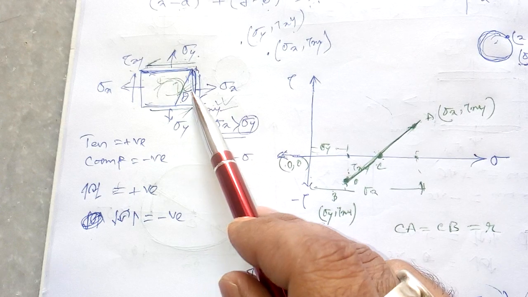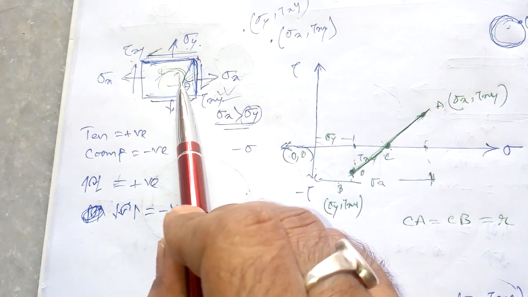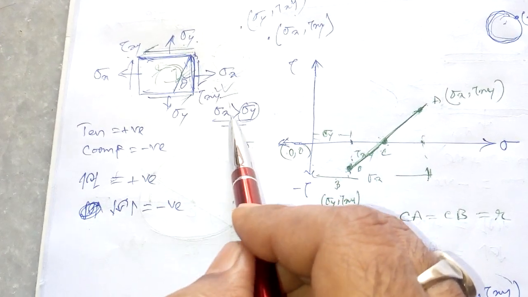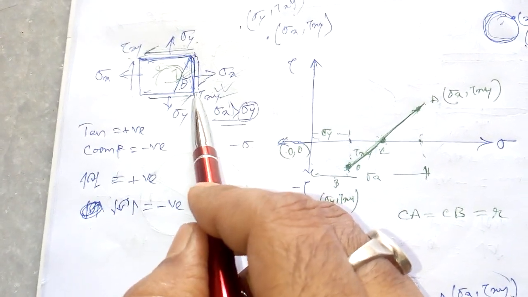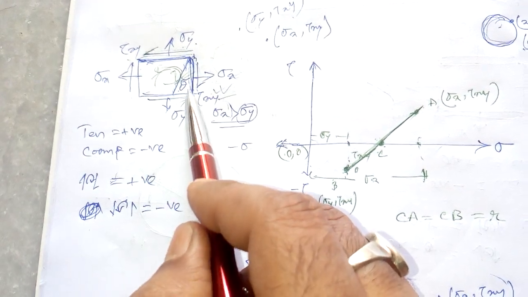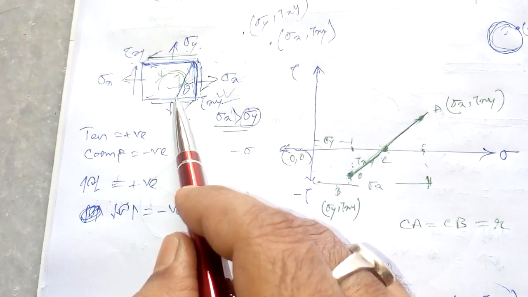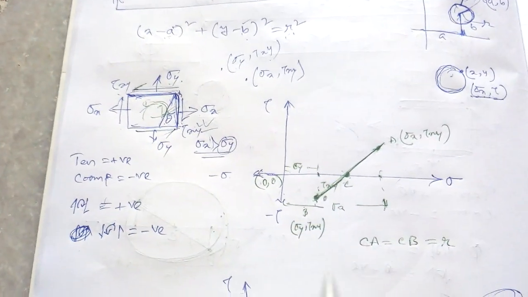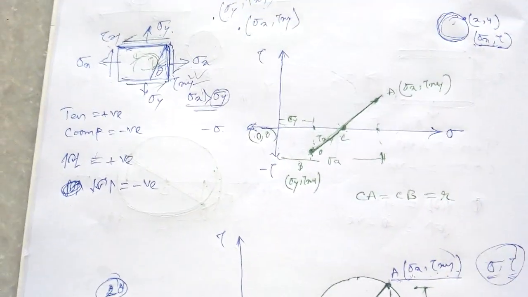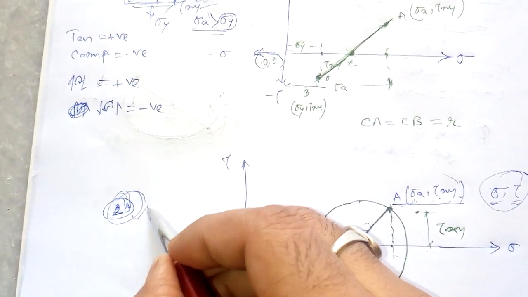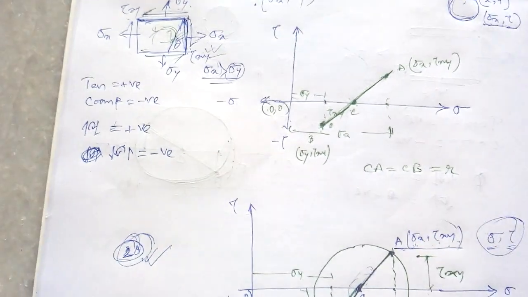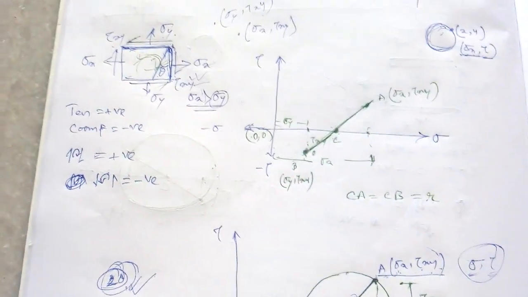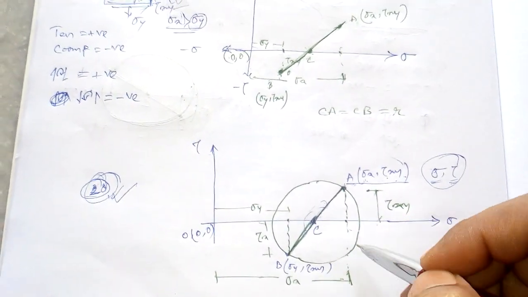This plane is situated at a theta angle from the vertical section, and because we have taken sigma x as greater, this will be our reference line. From this reference line, we take the plane having the theta angle, so obviously in Mohr circle this will be 2 theta, as we have already discussed that we have to take twice the theta.